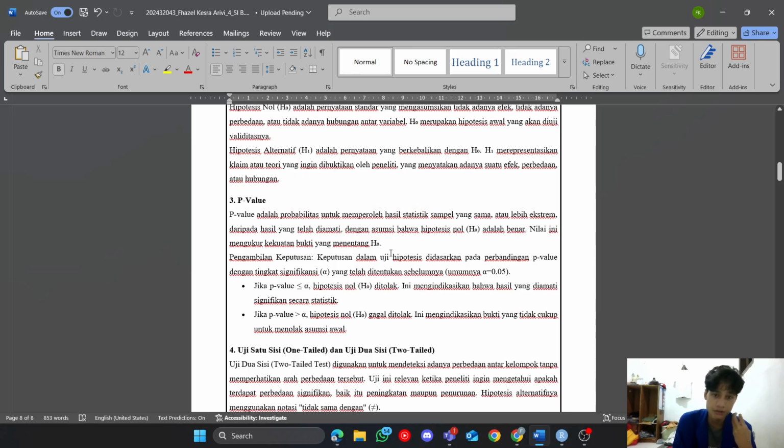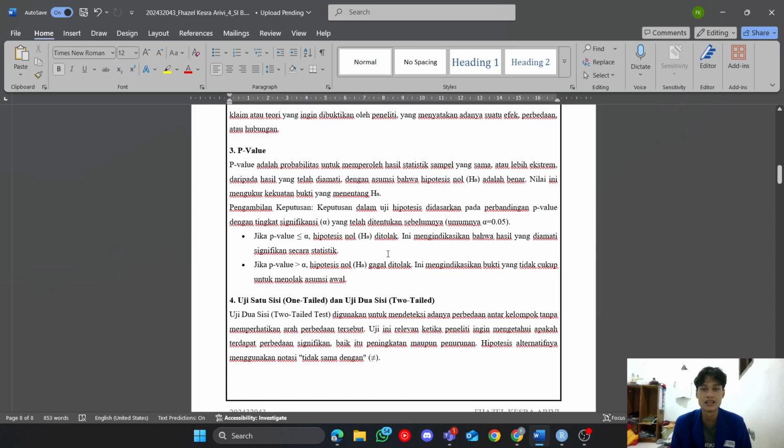P-value is the probability of getting a result where the sample is the same as or more extreme than the result that we observe, with the first assumption that H null is true, and this value will argue against our first assumption, which is H zero.